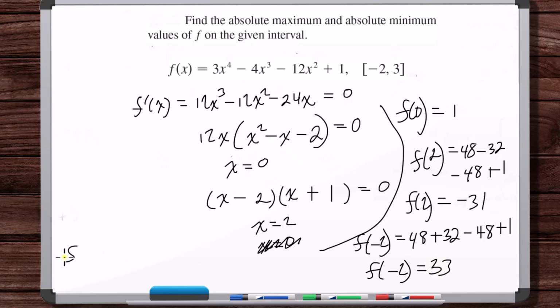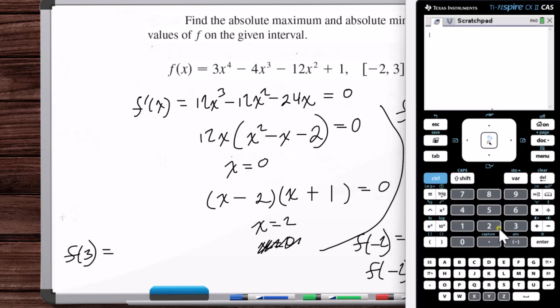All right, now f of 3, let's use the calculator here. 3 to the 4th times 3, minus 4 times 3 cubed, minus 12 times 9, plus 1, is 28.